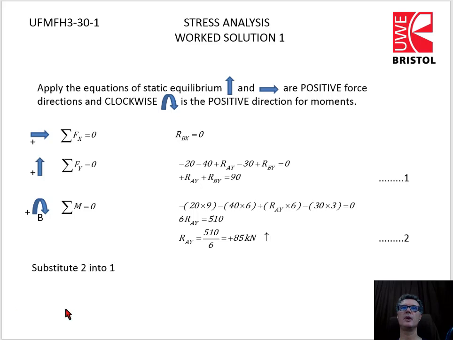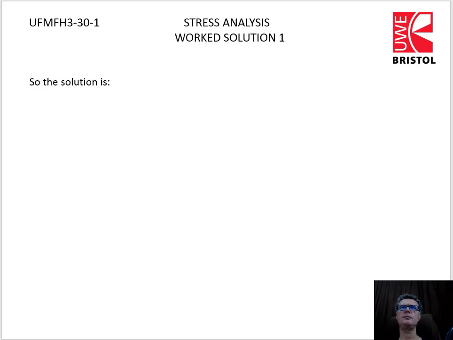Okay, so the next thing is to go back to my equation 1 and substitute into it, and then we can find out what RBY is going to be equal to. So let's substitute equation 2 into equation 1. We see that RBY is going to become 90, take away 85.